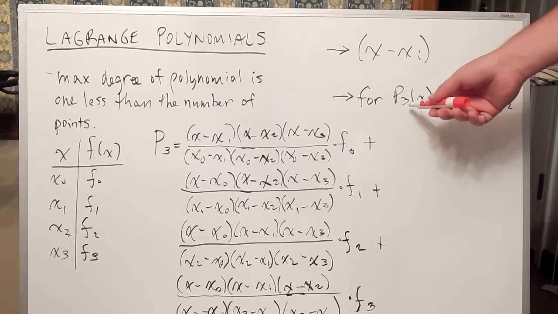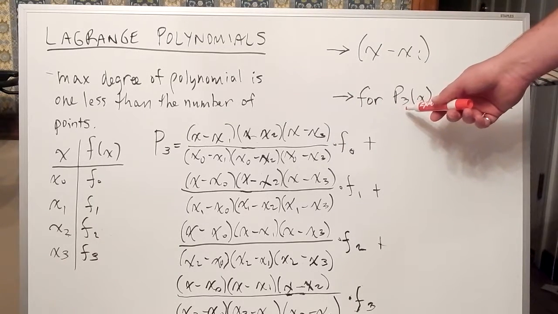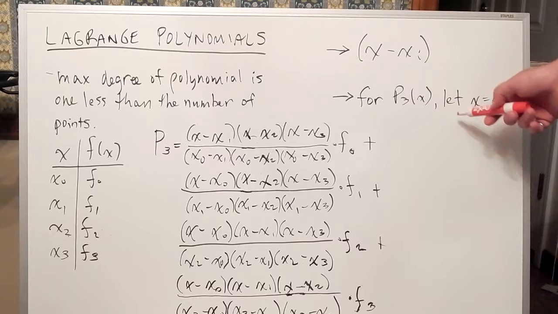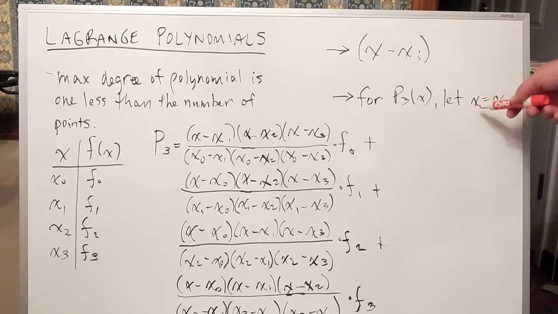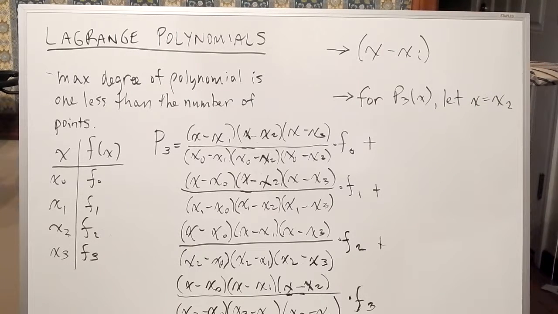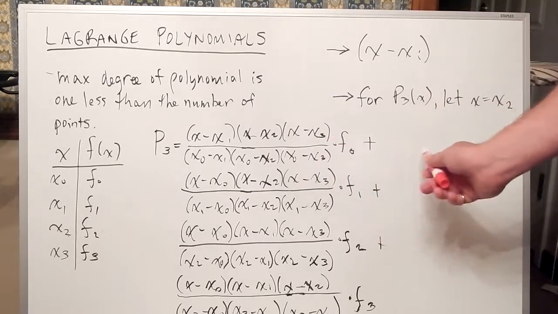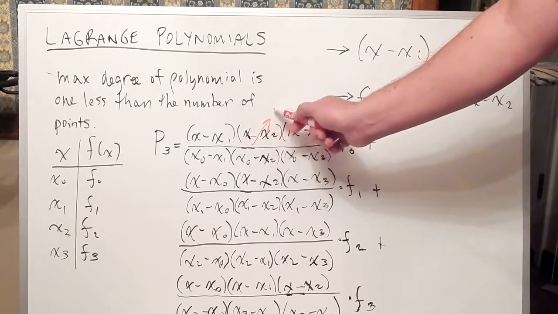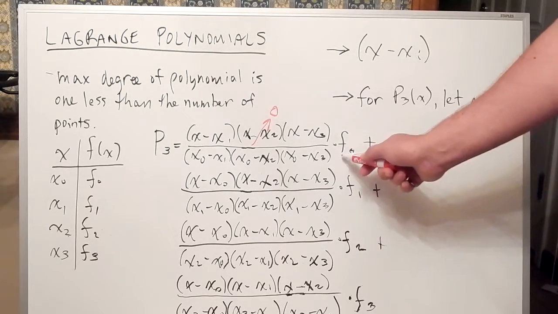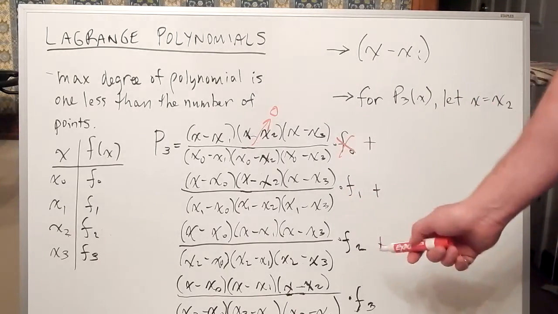For example, for our polynomial of third degree, let's assume that x equals x2. And then if we look at this, we'll see that all terms but the third will vanish, because if x equals x2, that term goes to 0, so the first term is 0.